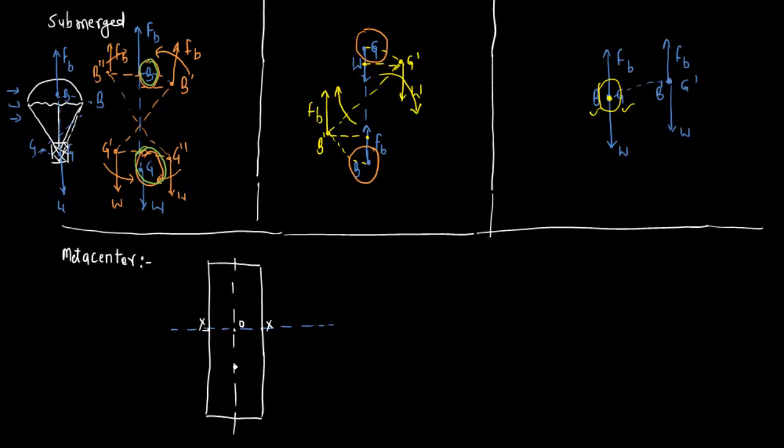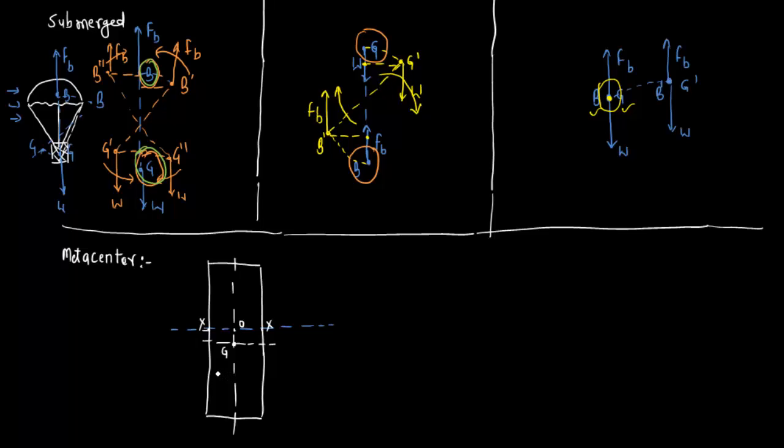Now I think we can easily find the center of gravity of this body from its configuration. So we can say that around here is the center of gravity. Now the center of buoyancy is actually the center of gravity of the displaced fluid.